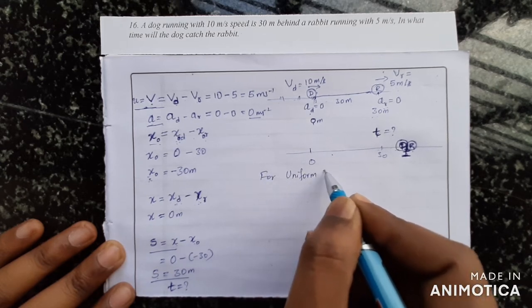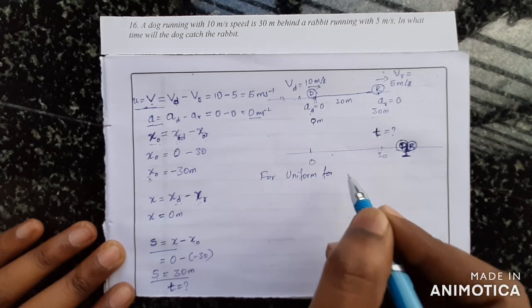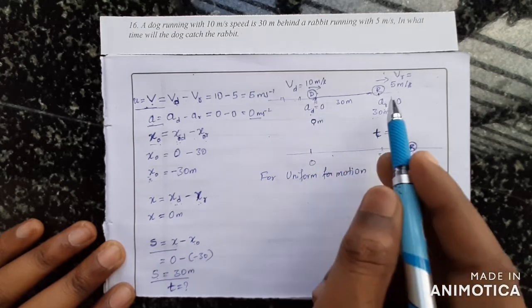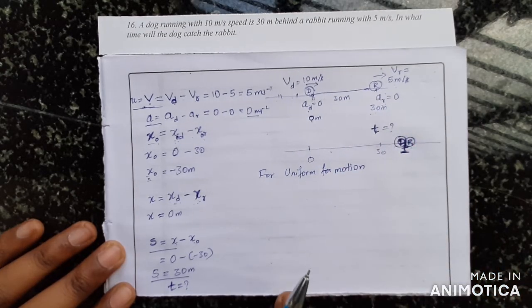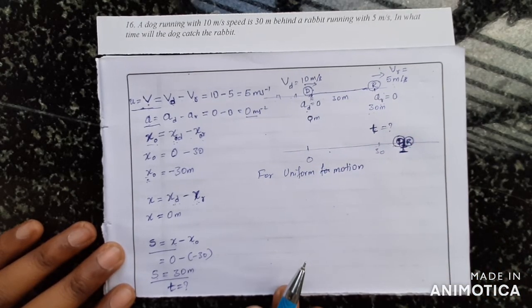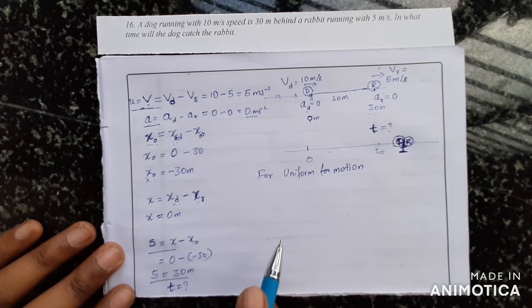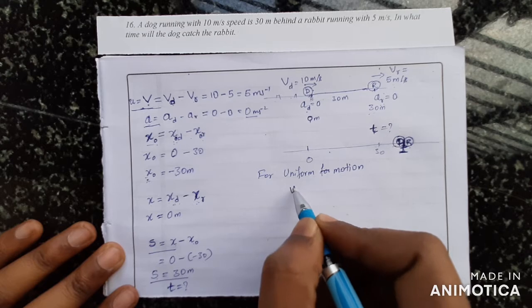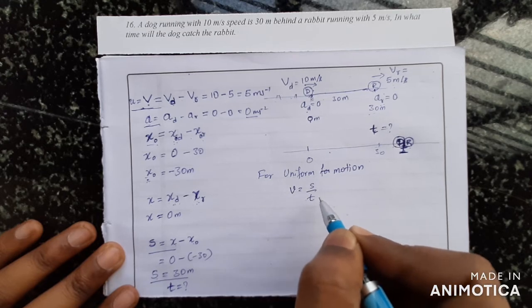See, this is uniform motion. Why? Because both the dog and the rabbit are not accelerating, they are moving with constant speed. So it is a uniform relative motion. For uniform motion, we can directly write velocity is displacement by time.